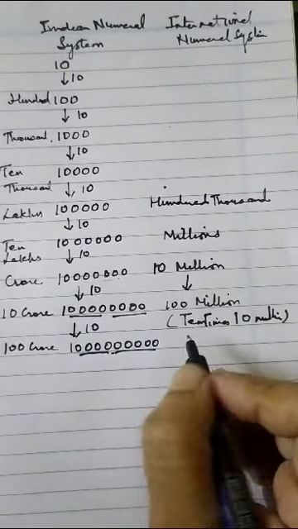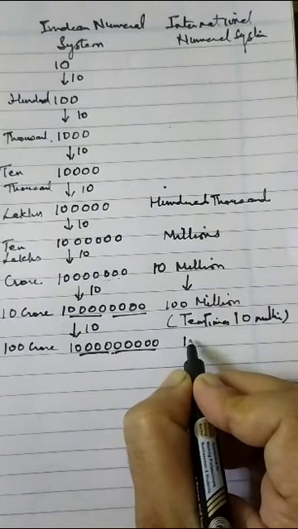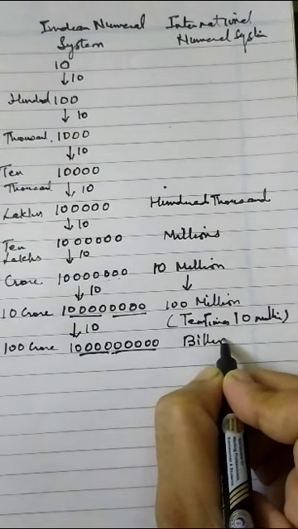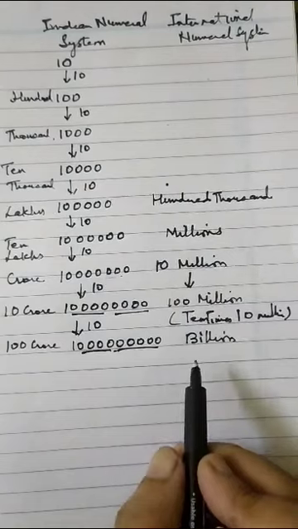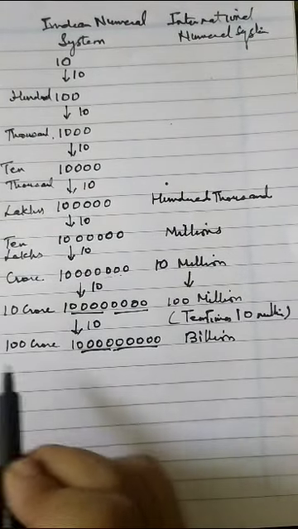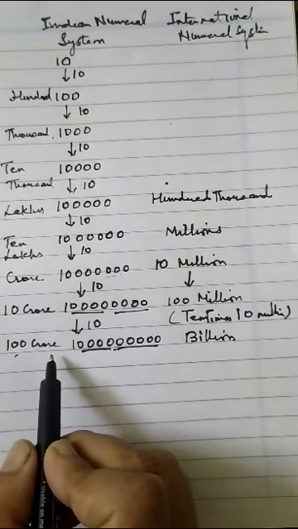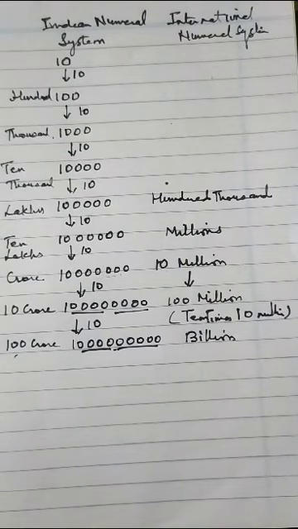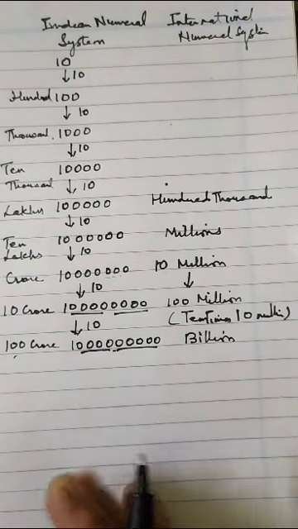This is called 1 billion. So 1 billion is 100 crore. So this is how the Indian numeral system and international numeral system are related to each other.